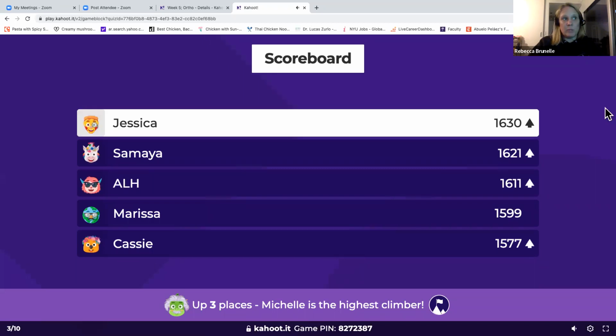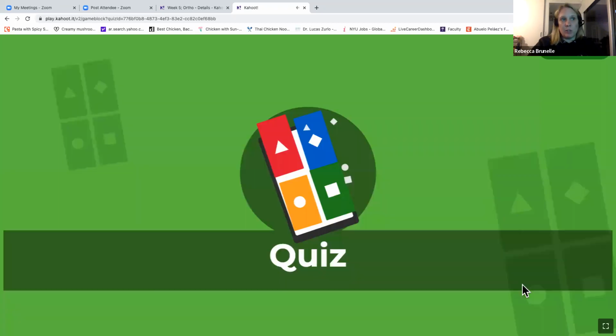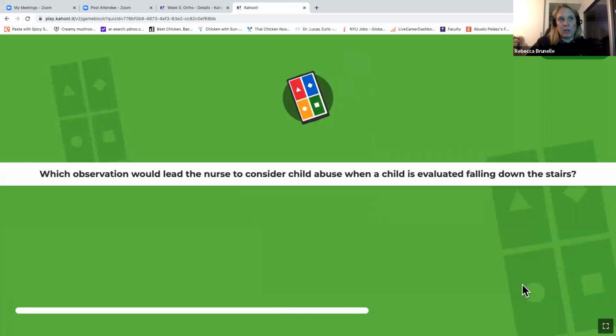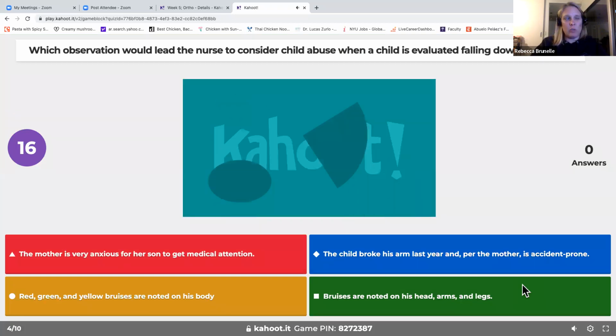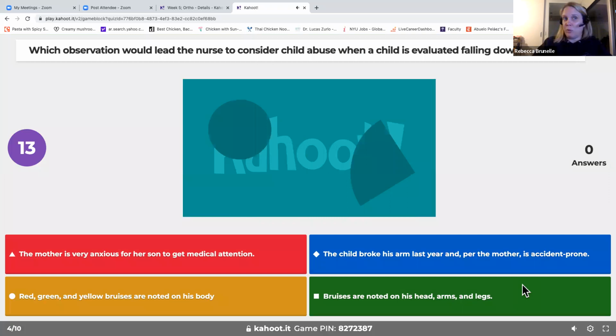Which observation would lead the nurse to consider child abuse when a child is being evaluated after falling down the stairs? The mother is very anxious, the child has red, green, and yellow bruises, the child broke his arm last year and the mother says he is accident prone, or the bruises are noted on his head, arms, and legs.